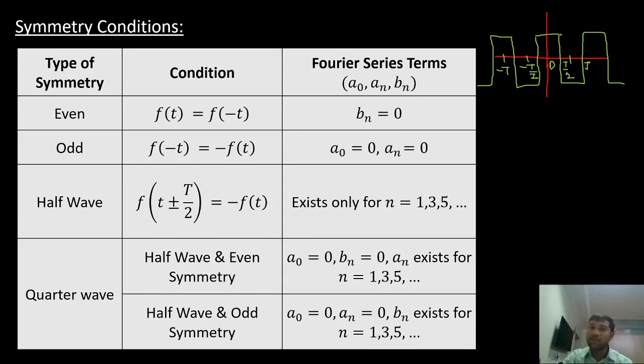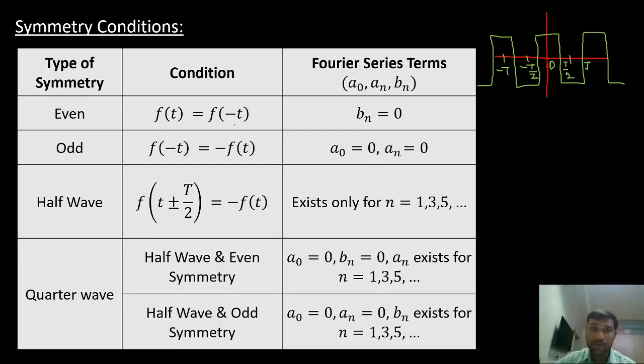Basically, if I fold the right hand side of the y-axis onto the left hand side, they overlap each other. Such signals are called even signals. If I fold this paper in half, this part of the signal will overlap exactly on this part of the signal. Hence, we can say it is an even signal.